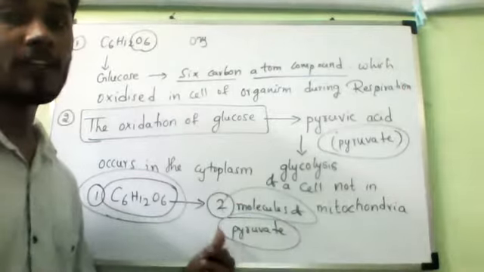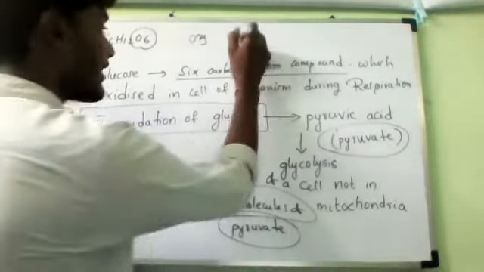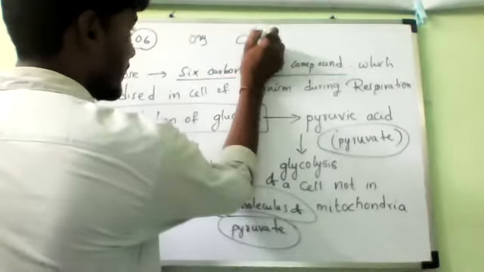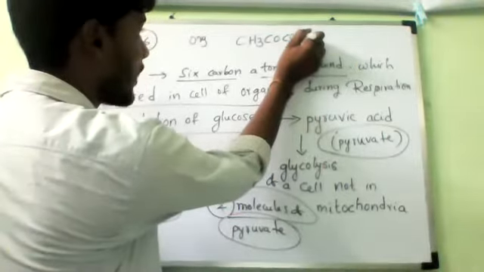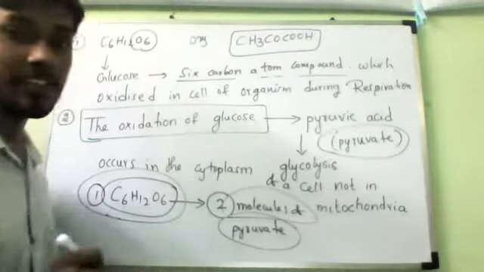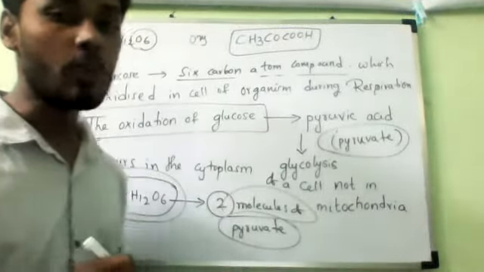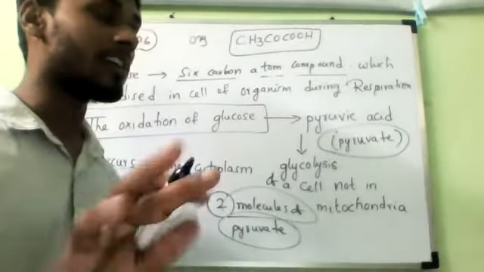So the formula of pyruvic acid or pyruvate, remember, is CH3 COOH. This is the formula of pyruvic acid. All of you should remember. I am writing it like this because you have not studied carbon compounds till now.